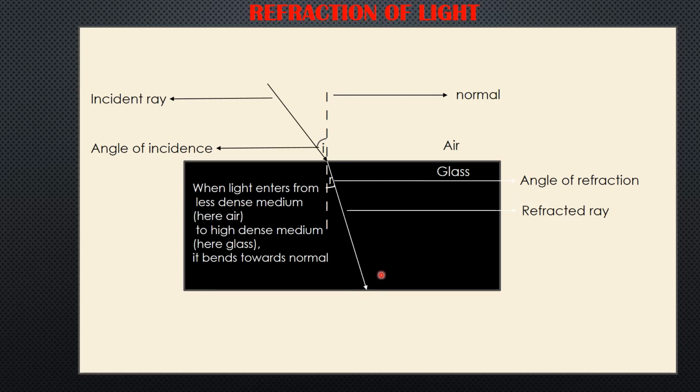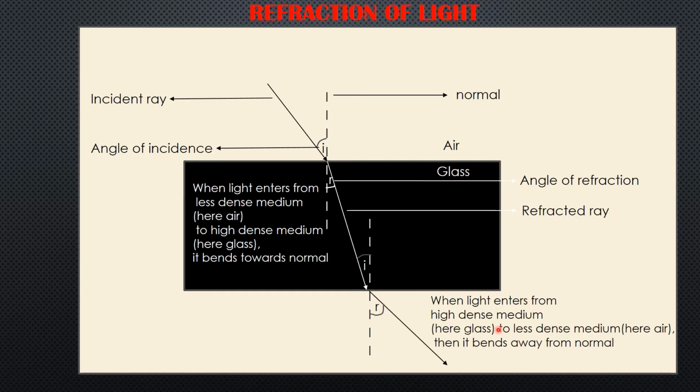When we look at this side, again we draw a normal, and this is known as angle of incidence. Here also when a light enters from glass to air means it bends away from normal. So here is the angle of refraction.